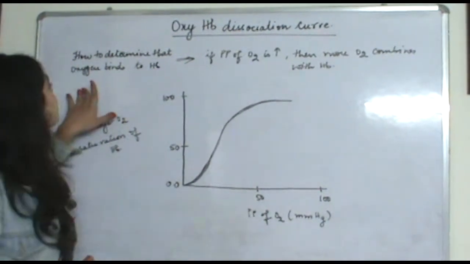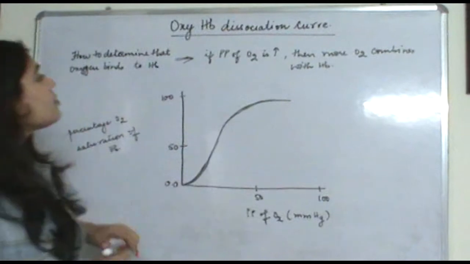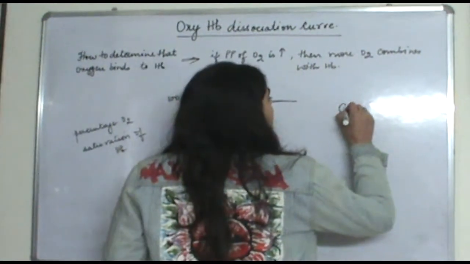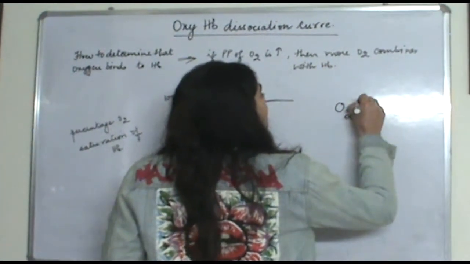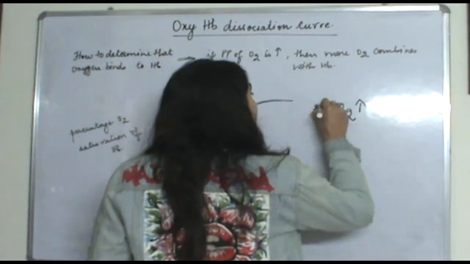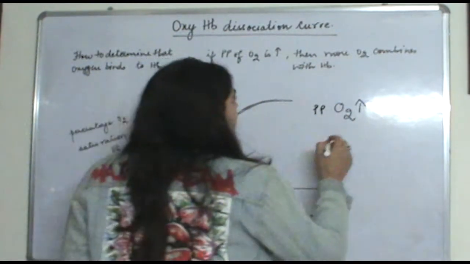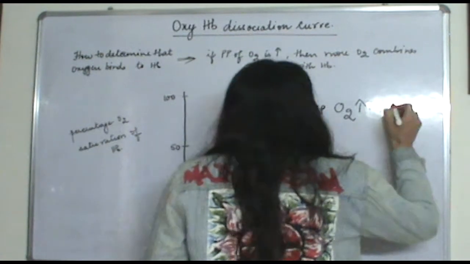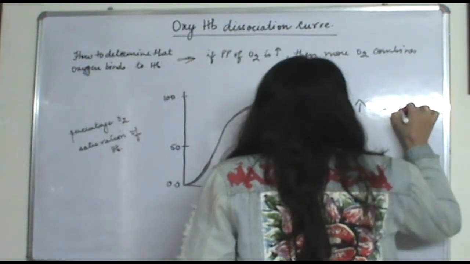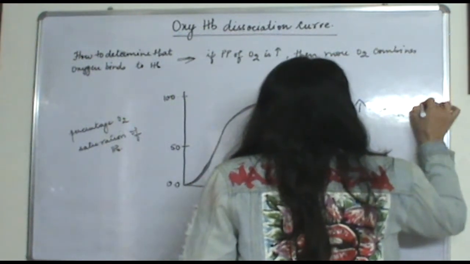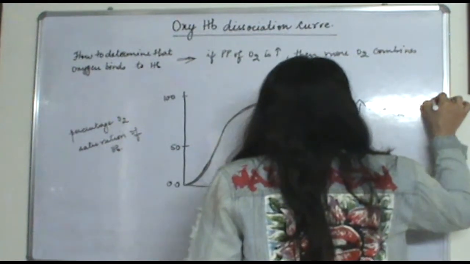That means to determine the oxygen that binds, if the partial pressure of oxygen is more, then more oxygen is combining with hemoglobin.